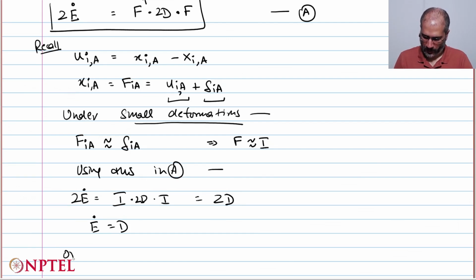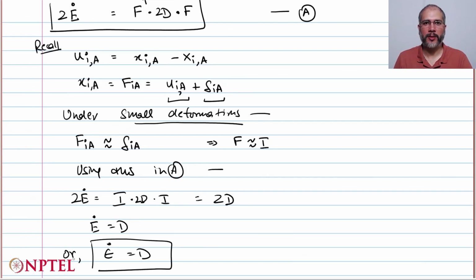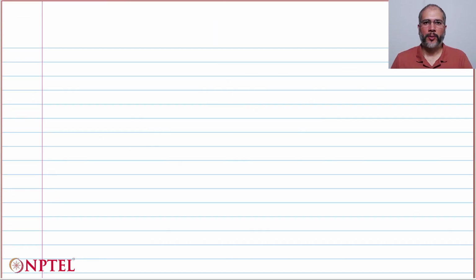So we can write epsilon dot is D. And that's a very interesting result. What we have shown is that the rate of deformation tensor is the time rate of change of our strain tensor epsilon. Having shown this interesting result, now we move on to the second part of today's lecture, that is on rate of rotation.